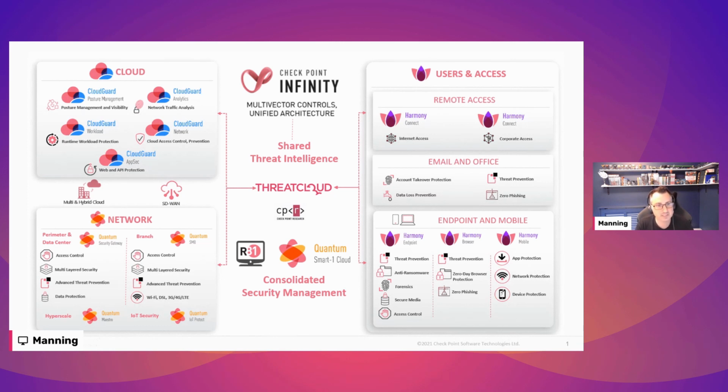The top left-hand side, we have cloud for people who are deploying their architecture in public cloud environments. And on the right-hand side, we have our security suite, which is to protect users' assets and also protect users' internet browsing and access to corporate devices. So it is this bottom left-hand corner that we're going to be looking at today to delve deeper into our technologies. So let's get straight into it.